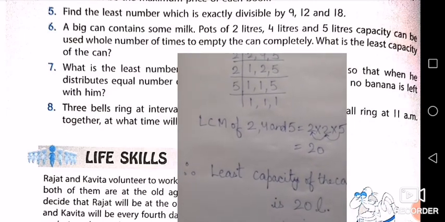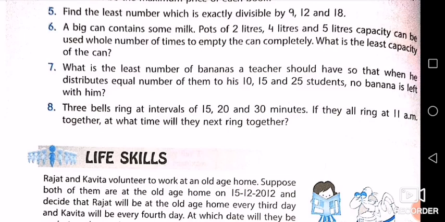So let's start our question number 7. What is the least number of bananas a teacher should have so that when he distributes an equal number of them to his 10, 15 and 25 students? Now these 10, 15 and 25 students may be of the same class or different class. So no banana is left with him.